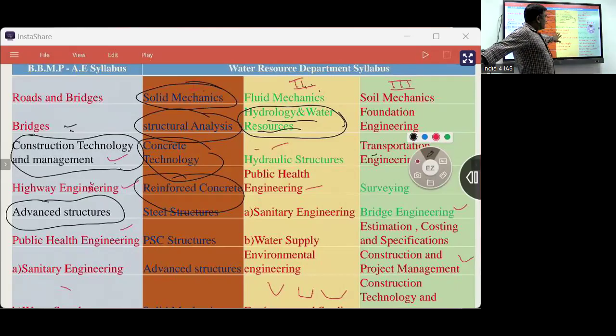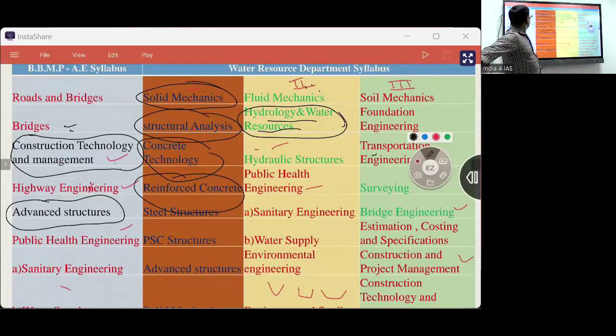Then public health engineering, need not explain. So very easy topic. Okay, very easy topic. River intakes, lake intakes, reservoir intakes. You know intakes. Those things, you know. So how it is designed. So gravity flow, types of taps, types of pipes, those things.